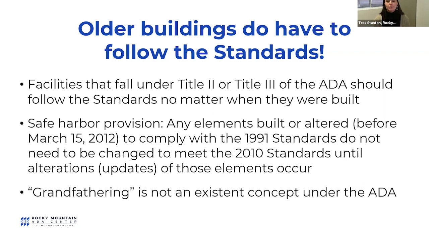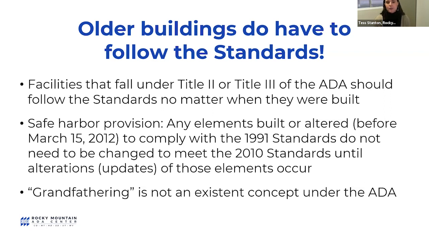Any elements built or altered before March 15th, 2012 that were built or altered to comply with the 1991 standards do not need to be changed to meet the 2010 standards until alterations or updates of those elements occur.